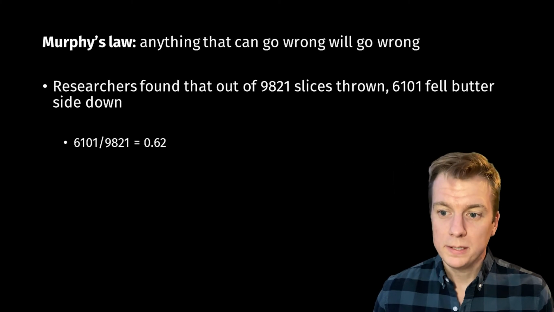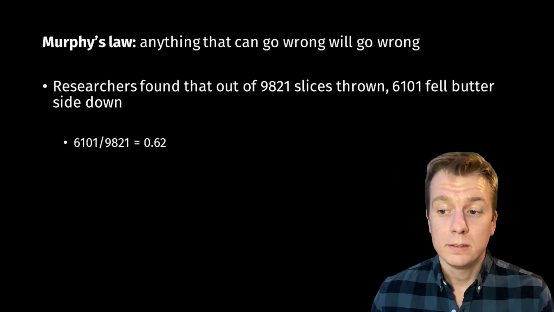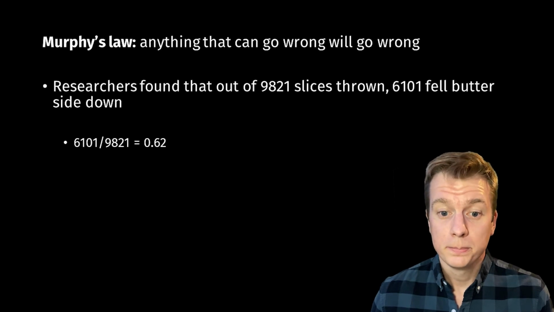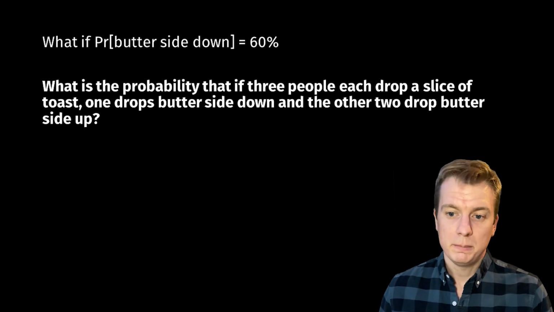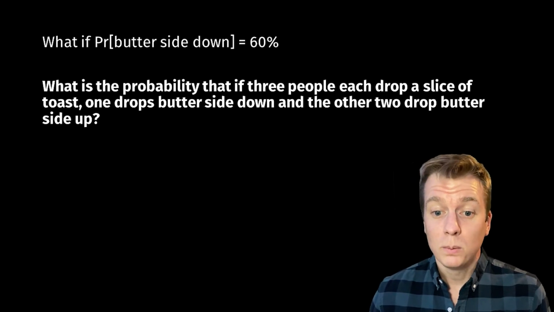The proportion of this would be 6,101 over 9,821, which equals 0.62.